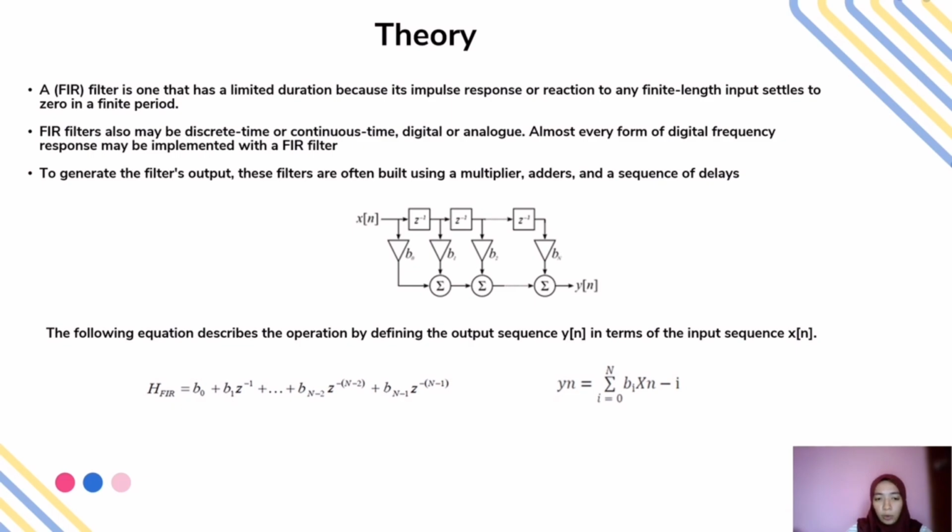This is the coefficient of the FIR filter. Next, in the equation, s[n] is the input signal, y[n] is the output signal, and N is the filter order.